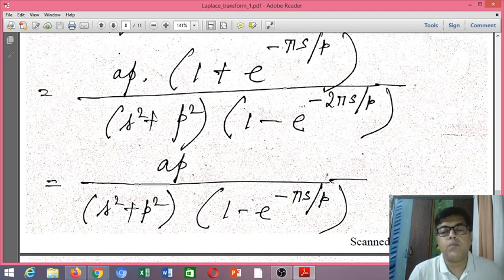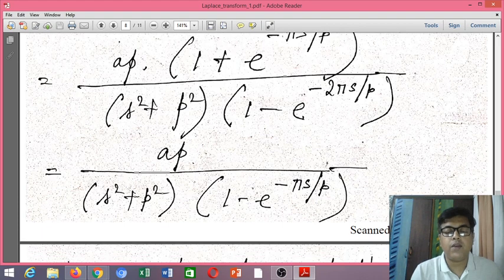I can write 1 minus e to the power minus twice pi s by p as 1 minus e to the power minus pi s by p into 1 plus e to the power minus pi s by p. Now on doing that, the plus factor will get cancelled, and you will end up with a result like this: ap by s square plus p square into 1 minus e to the power minus pi s by p. So this is the way we find out the Laplace transform of a periodic function.